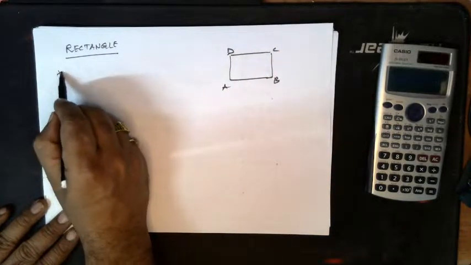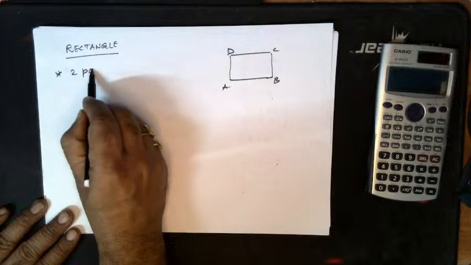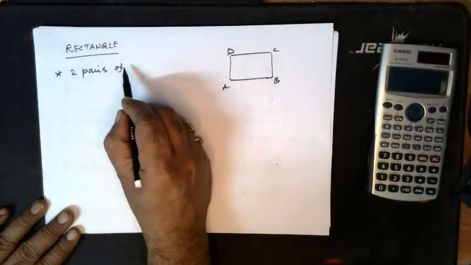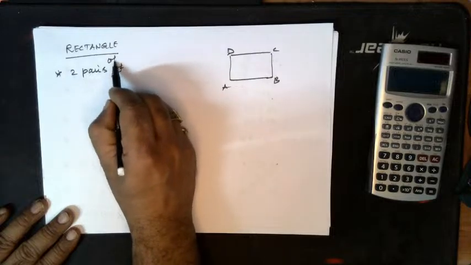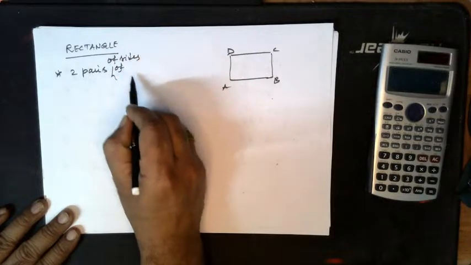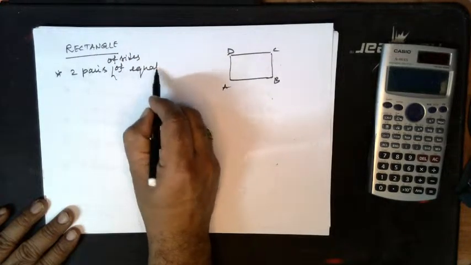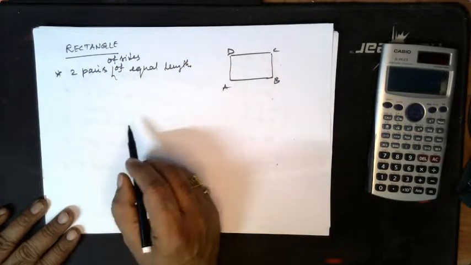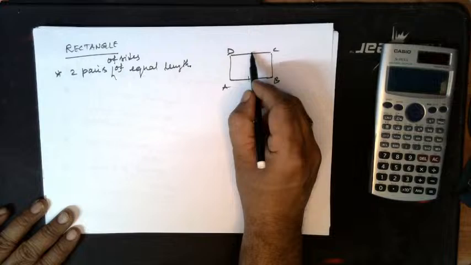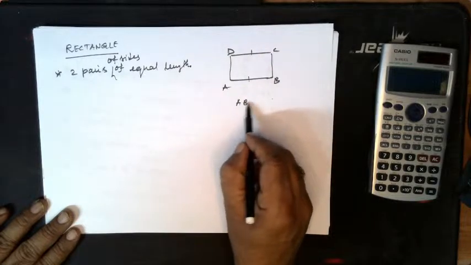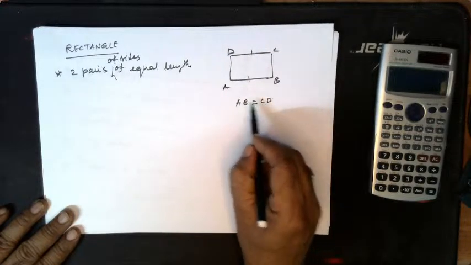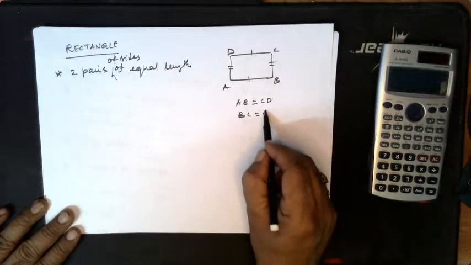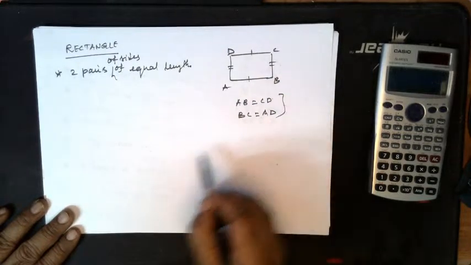So a rectangle has 2 pairs of sides of equal length. It means AB is equal to CD, BC is equal to AD. So 2 pairs of equal lengths.